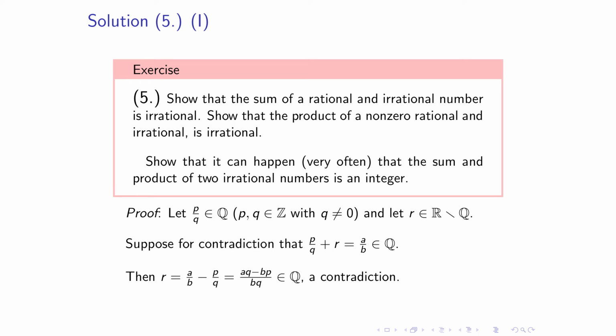Next, we will show that the sum of a rational and an irrational number is an irrational number. So let's start with that. Let's take a rational number. So I'll say p over q is in the set of rationals.